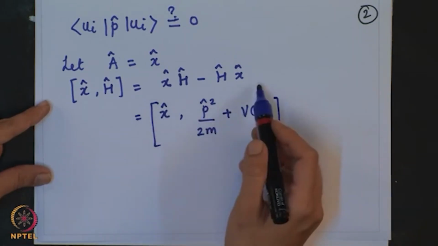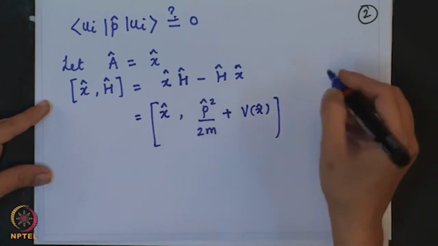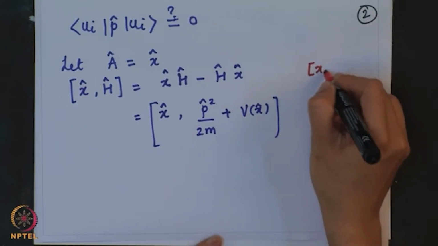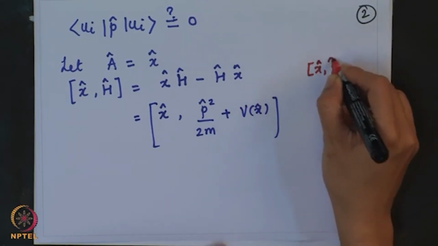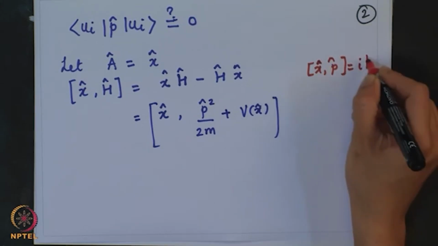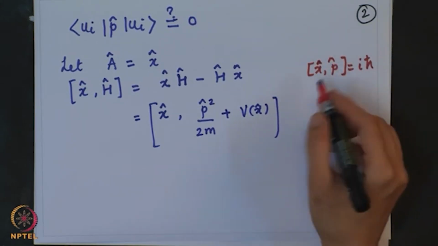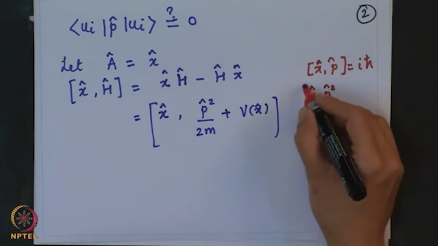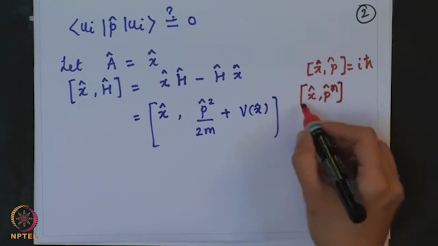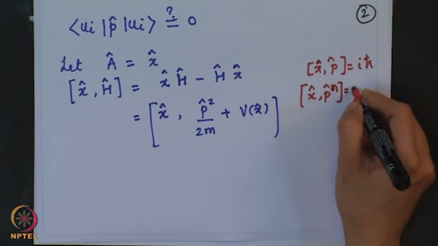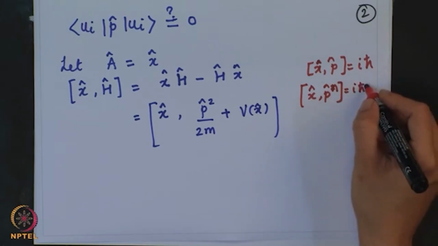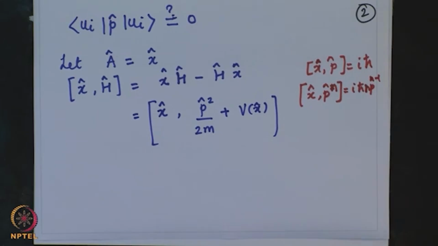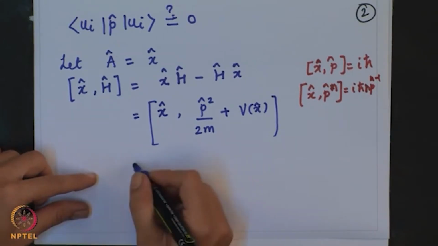Now, you need not do this step directly, and remember you know the commutator of x and p. The commutator of operators x and p is nothing but i h cross, and in question 2 you have seen that the commutator of x and p^n is i h cross n p raised to n minus 1. So, this relation we have seen, right.